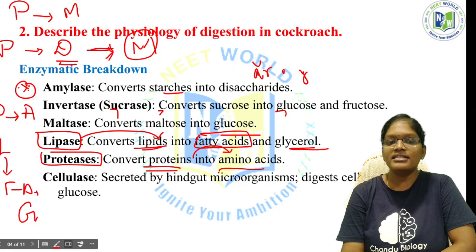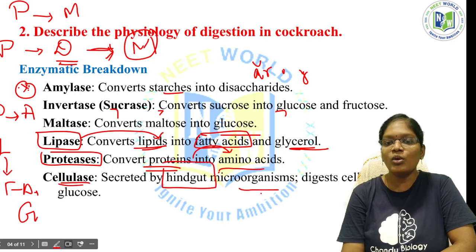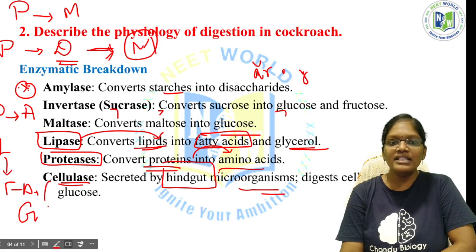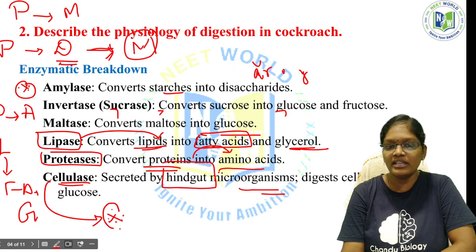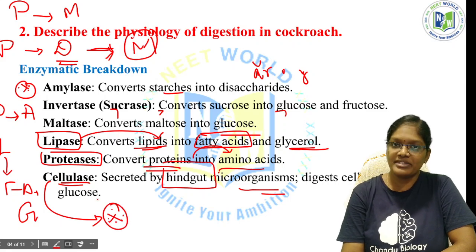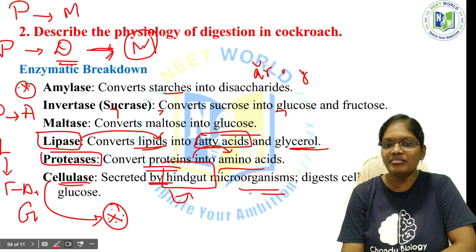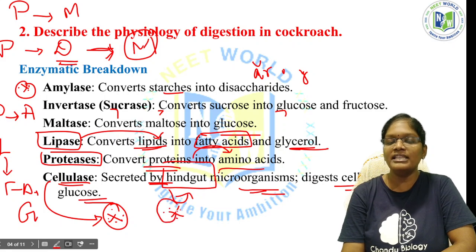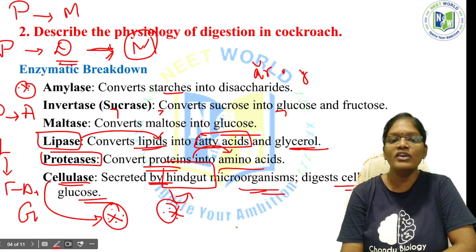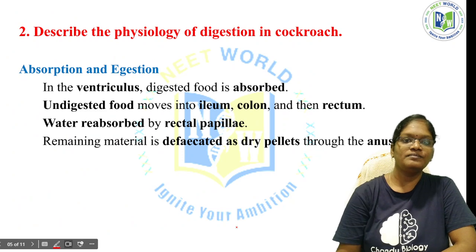Cellulase is an enzyme secreted by the hindgut microorganisms. You should know that cellulase is absent in human beings, but in the cockroach it is present. Secreted by the hindgut microorganisms, it digests cellulose into glucose. This is very important, and this enzyme is absent in human beings.